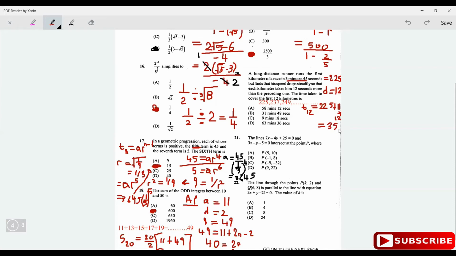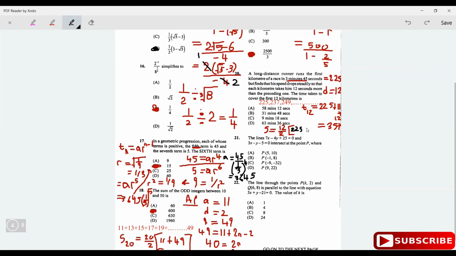Now that I have the time it took him to cover the 12th kilometer, then I can find now the sum. The sum is equal to n over 2. He covered 12 kilometers, so it's now 12 over 2 times A plus L. A is your first term of 225.